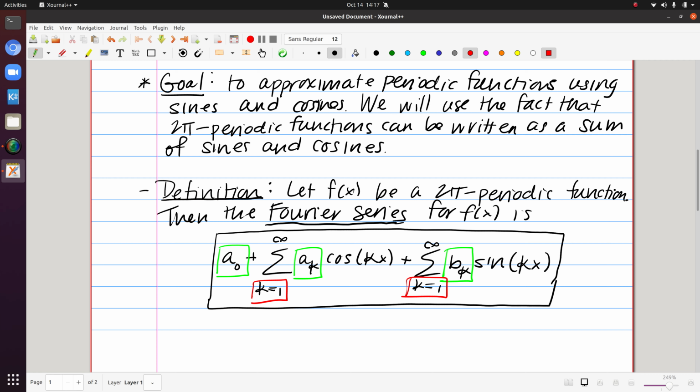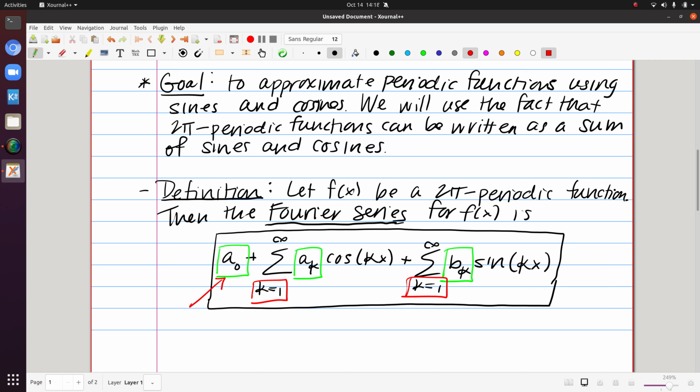So starting that second summation at 0 would be pointless because the 0th term would be 0. Now, cosine of 0 is 1, so you could get a constant term from the first sum, one that's not attached to a trig function, but we already account for that with the a sub 0. So that's really the reason we can start these at 1.